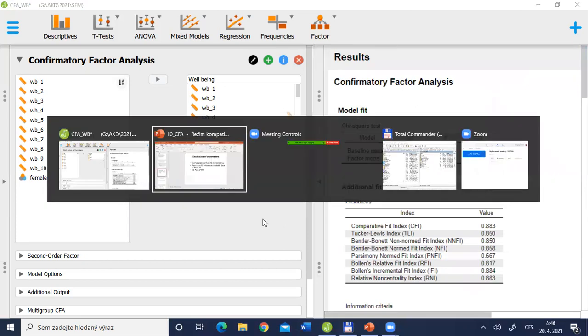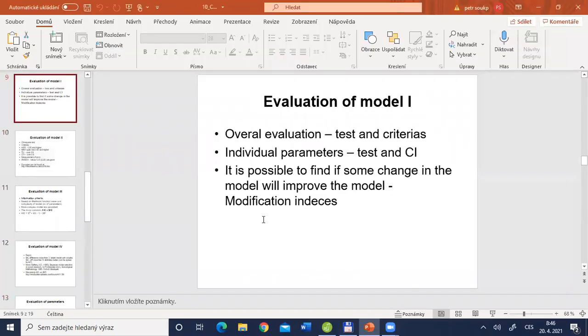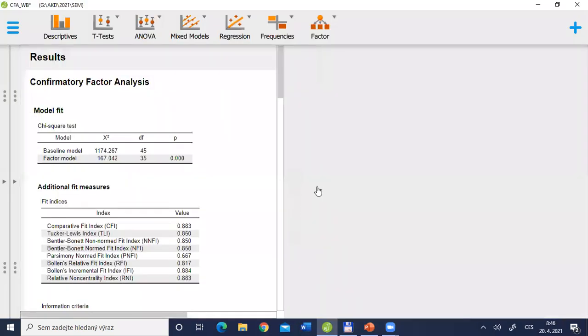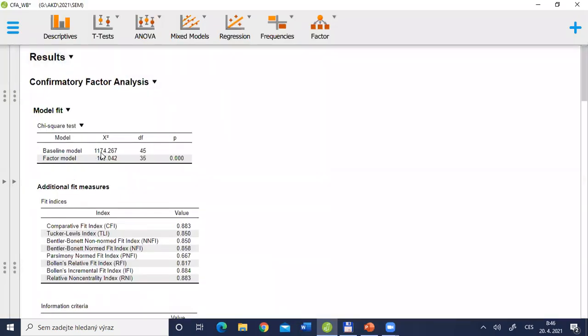Once again, I would like to recap that first of all, I would like to discuss the chi-square test and individual criteria. So here it is. Here we have chi-square for our model, which is called factor model. It has the value of the test statistic approximately 167 with 35 degrees of freedom, and the p-value is 0.000.